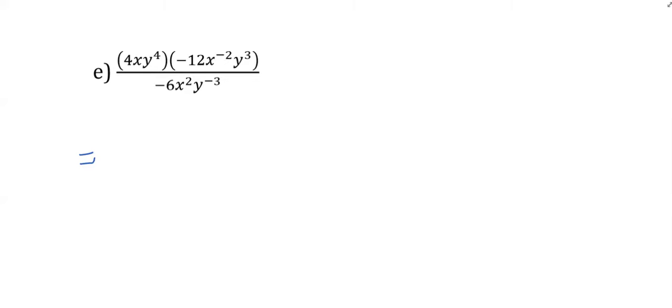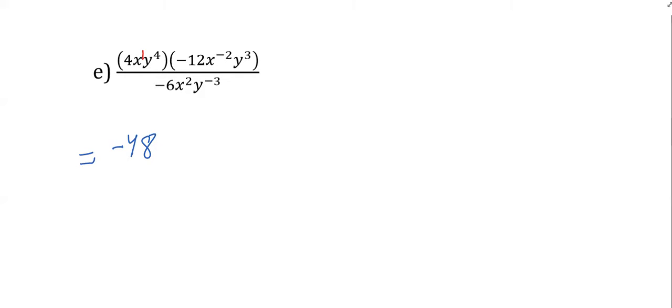And then I write the bottom. -6 x squared y to the -3. Now when I'm dividing, what's -48 divided by 6? 8. And positive 8, because 2 negatives makes positive. Very good.